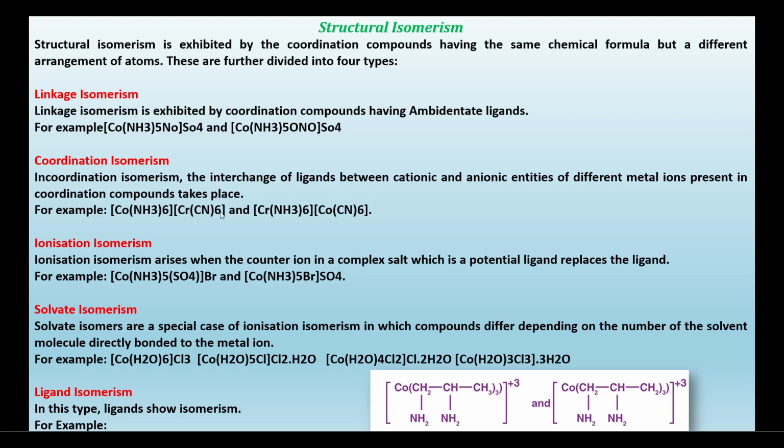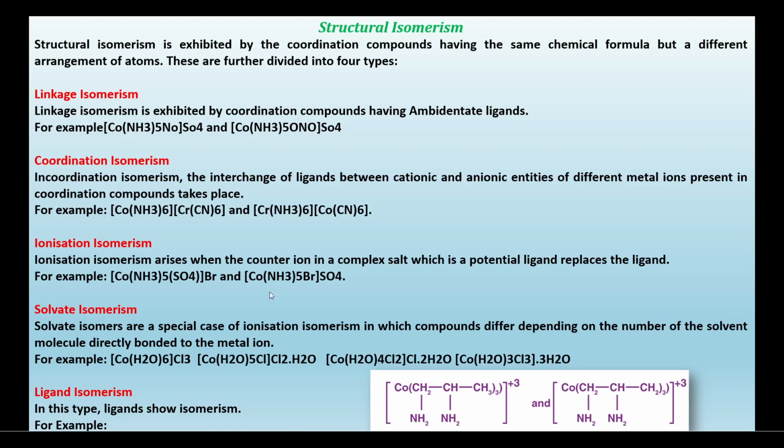We can take an example of a cobalt complex and a chromium complex. Similarly, there is coordination with different ligands, and there is a change in the arrangement around the central metal ion.